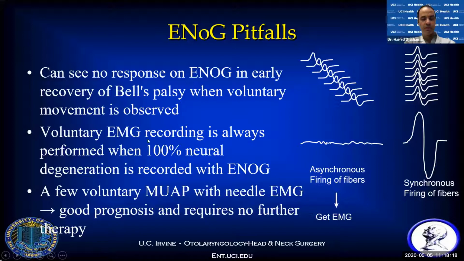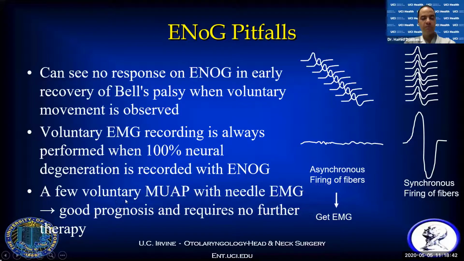So whenever you see ENOG recordings that show a significant degeneration, you always should get a voluntary EMG. That's when you just have needles in and you ask the patient, smile and raise your eyebrows, etc. And then you can record single cells on that, and so therefore you get a lot better accuracy.